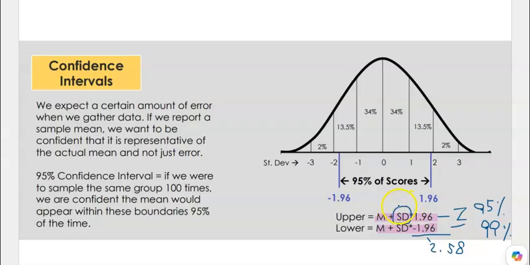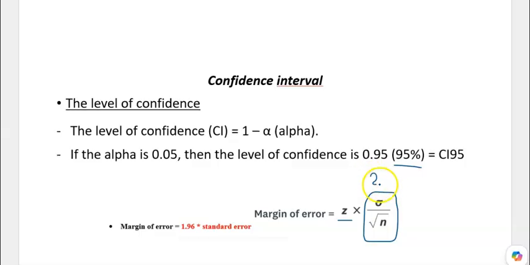That is the first way. The second way is with not the standard deviation but the standard error. You put the standard error and multiply by the z-score of 95%. That is also a confidence interval, and we call that the margin of error.